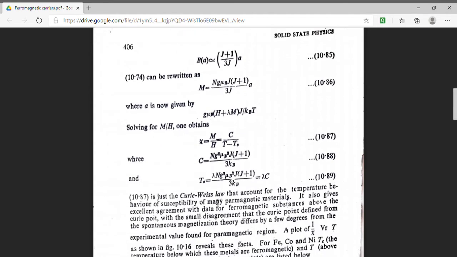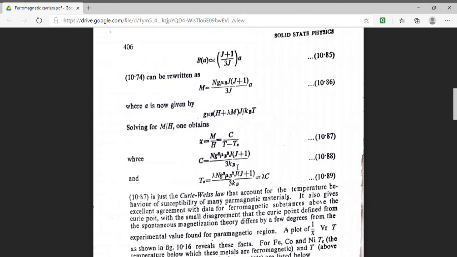Now we can substitute the value of a in this expression and solve to obtain the value of chi, which is expressed as M upon H, and this M upon H can be written in the form C upon T minus Tc. Here C and Tc are constants. C is equal to N g square mu B square J (J plus 1) upon 3 kB.